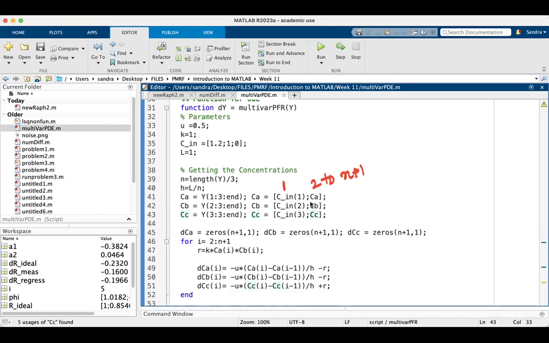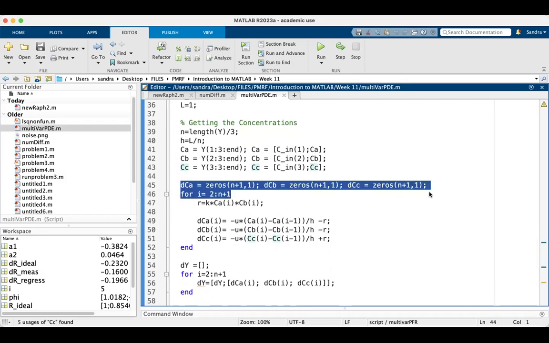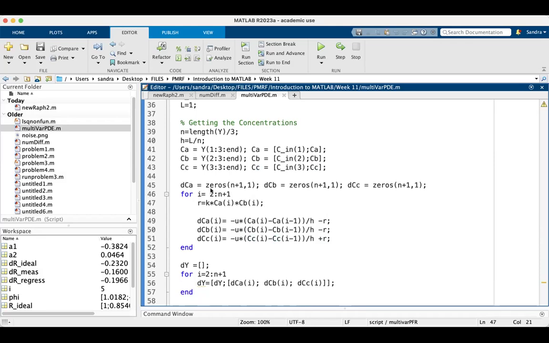Okay, now let us move downwards. So here we have dCA, dCB, dCC, n plus 1 equations. I am declaring all to be zeros. And remember, in the loop I only intend to solve for 2 to n plus 1. I equal to 1, I already know. All these equations have a common term, that is k CA CB.